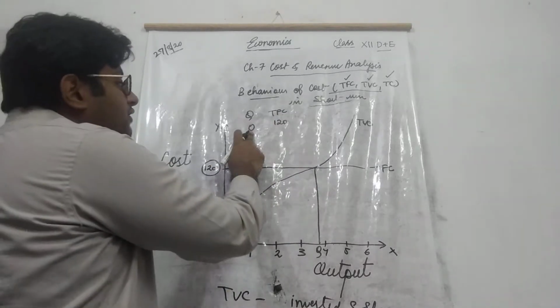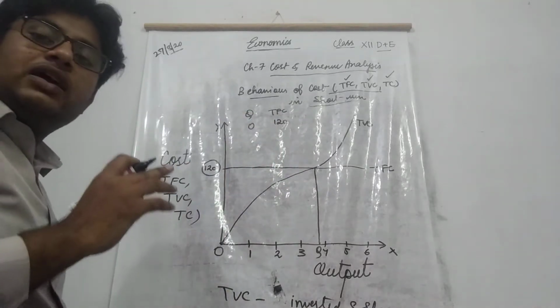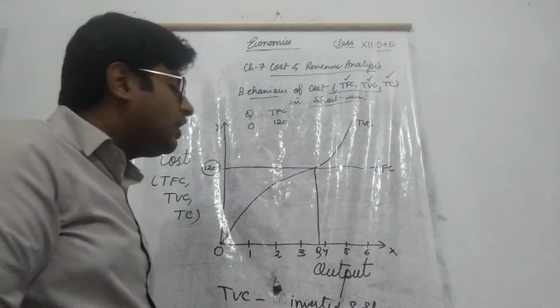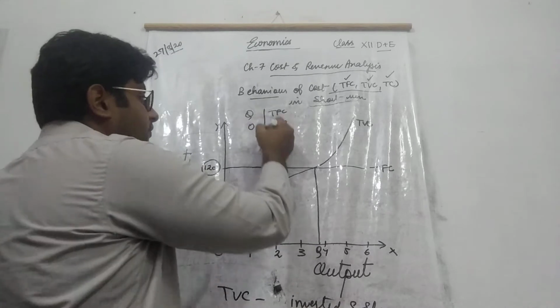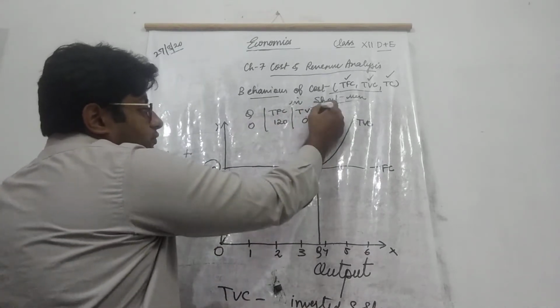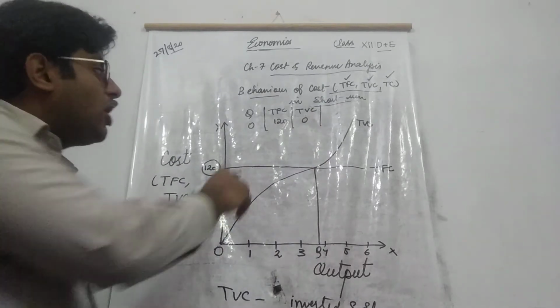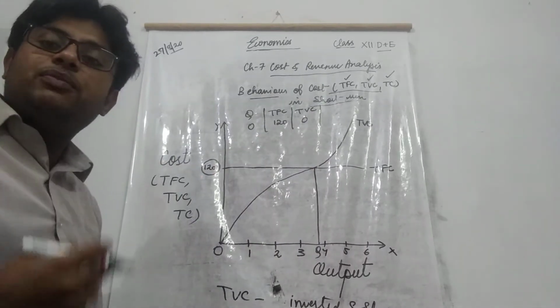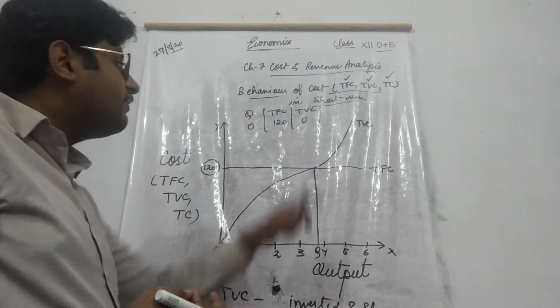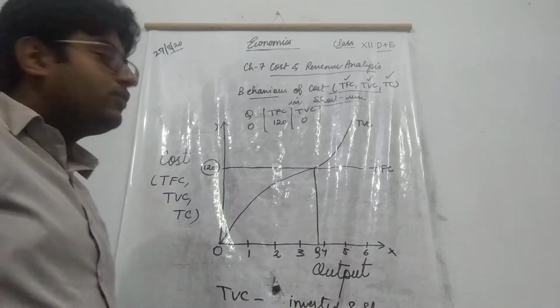That means at 0 level of output something was incurred on total fixed cost, because we cannot throw away our fixed factors in the short run, and my total variable cost was 0, because when output is 0, the producer would not employ any of the variable factors and your total variable cost will remain 0.